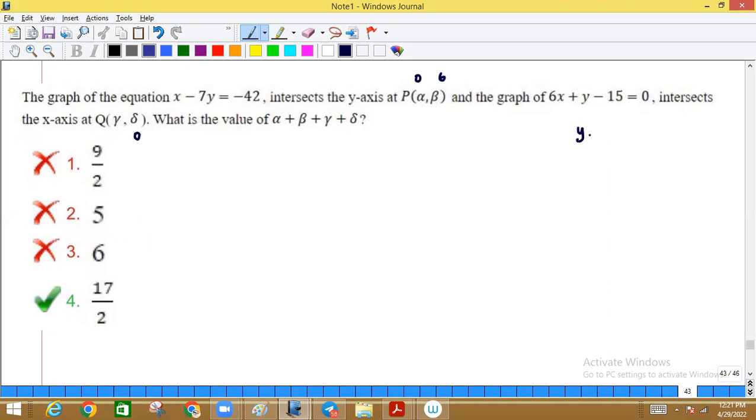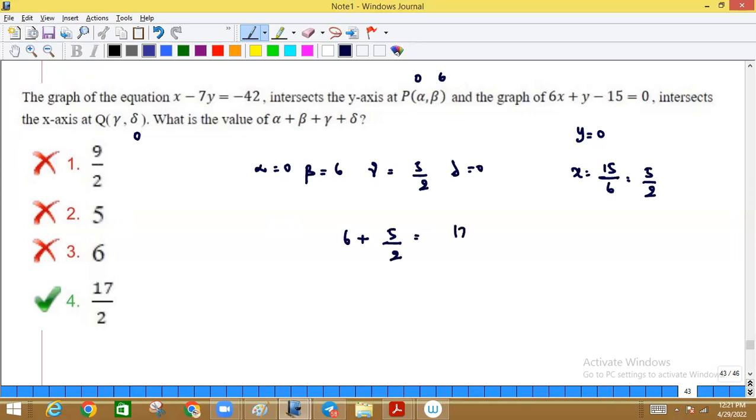Put Y is 0. By 2. So you have alpha is 0, beta is 6, gamma is 5 by 2, delta is 0. Your answer is 6 plus, and I say it is 17 by 2.